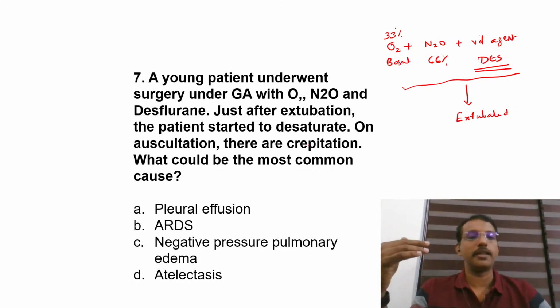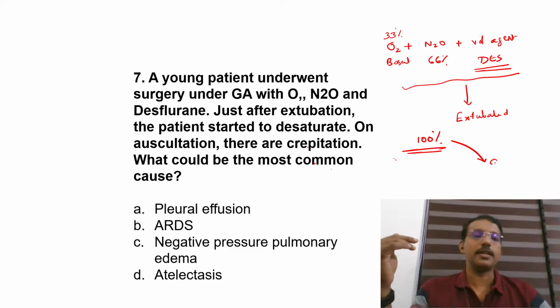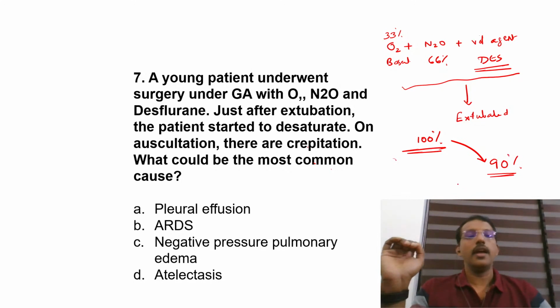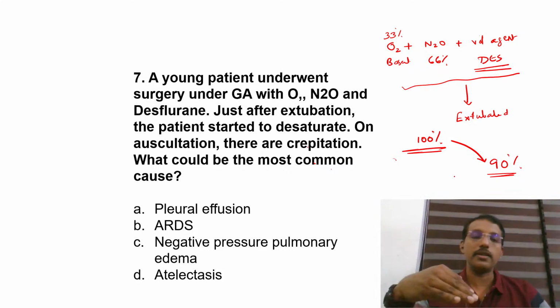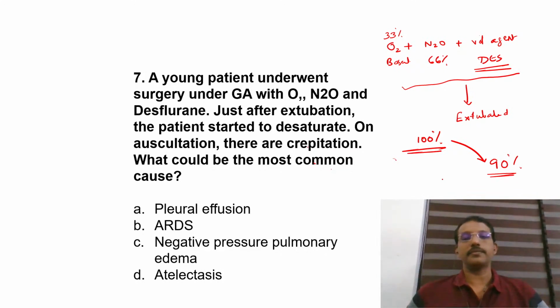You always expect after extubation that the patient should have the same oxygen saturation of 100%, no. But unfortunately you notice that it has fallen drastically to 90%, just as an arbitrary value. And naturally when you see a fall in saturation, what will you do? You will auscultate, and once you auscultate you find crepitations. And what is the most common cause? That's the question.